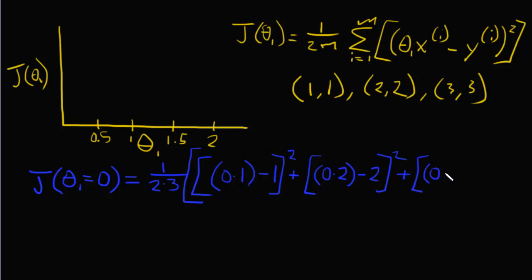My theta 1 value is 0 times the x value 3 minus the y value 3, quantity squared, and bracket.